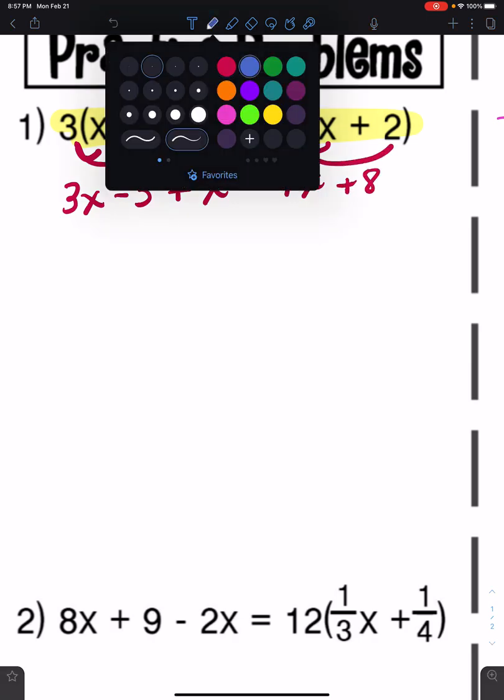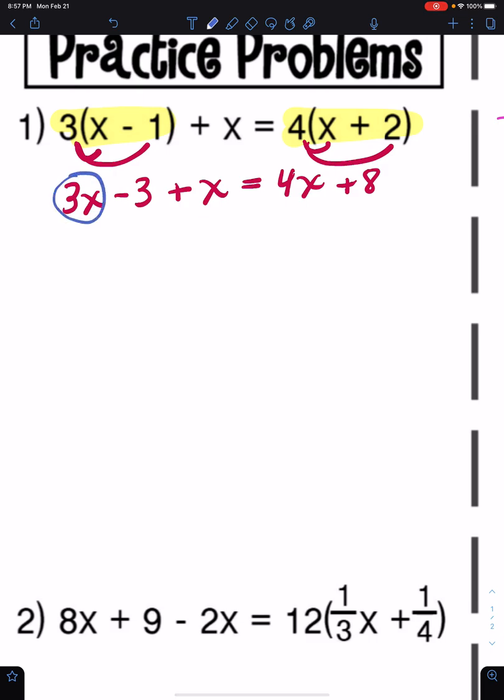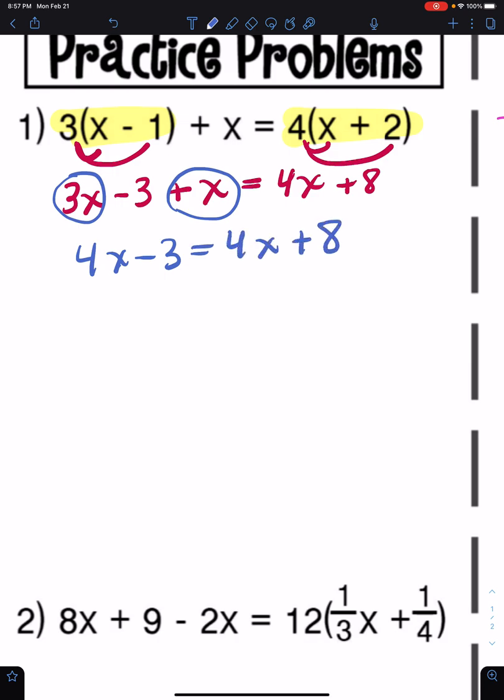Combine any like terms you can find on the same side of the equal sign. So I have 3x plus x is 4x. Everything else I'm just going to recopy. Then I'm going to get the x's on the same side, so I'll subtract 4x from both sides, and you'll notice 0x and 0x.